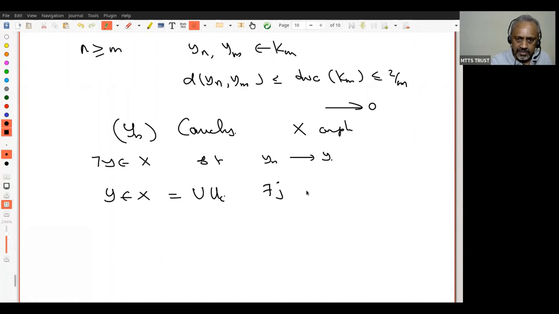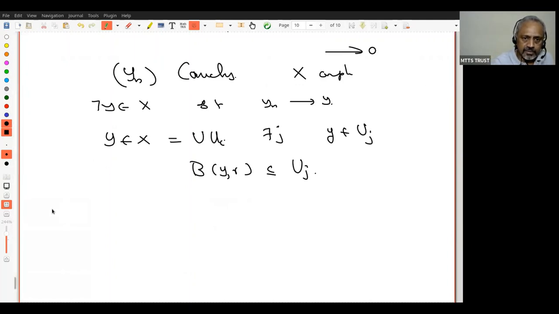Therefore, there is a j so that y belongs to Uj. Now Uj is open. Therefore, there is an r so that B(y, r) is completely contained in Uj. Now y belongs to Kn for each n. Why?